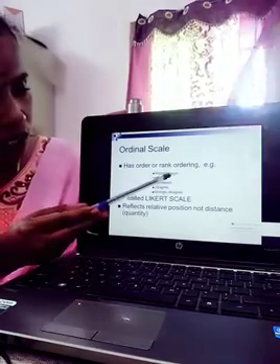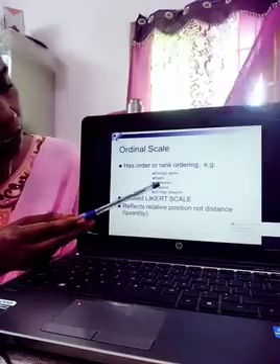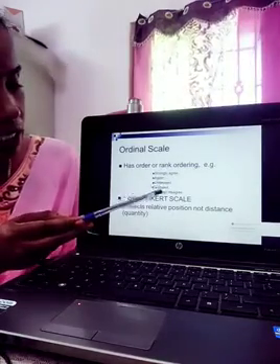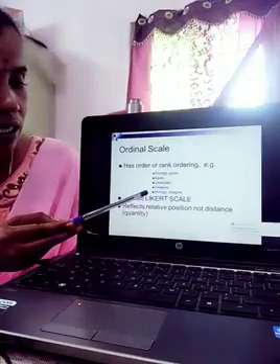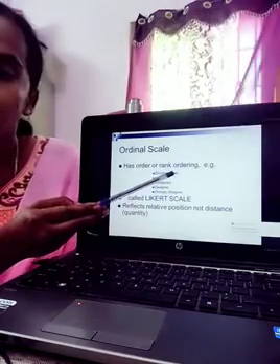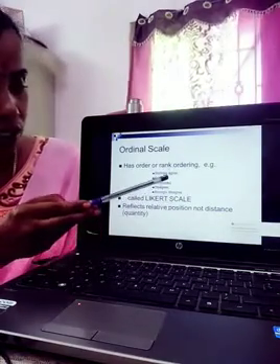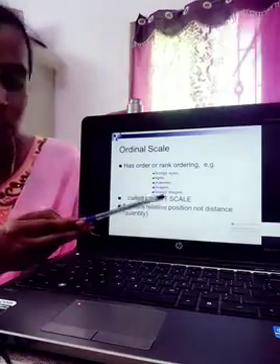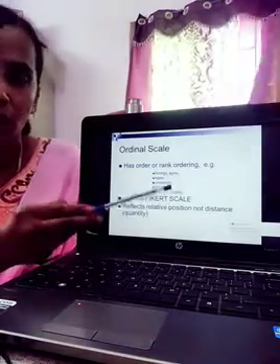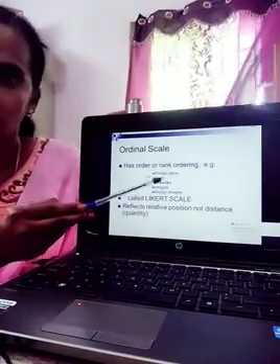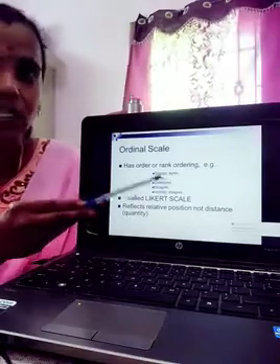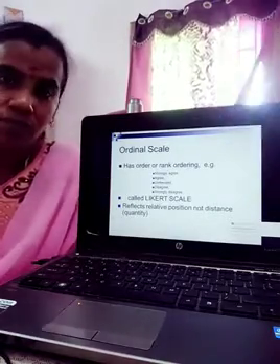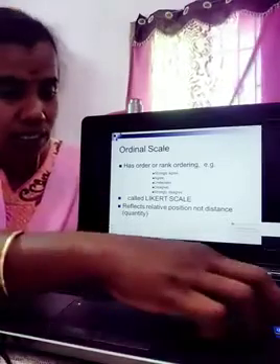See, strongly agree, agree, undecided, disagree, strongly disagree. They have arranged it order-wise. It is in order, and it is having the name. They are having the name as well as they are arranged in the order. That is ordinal scale.